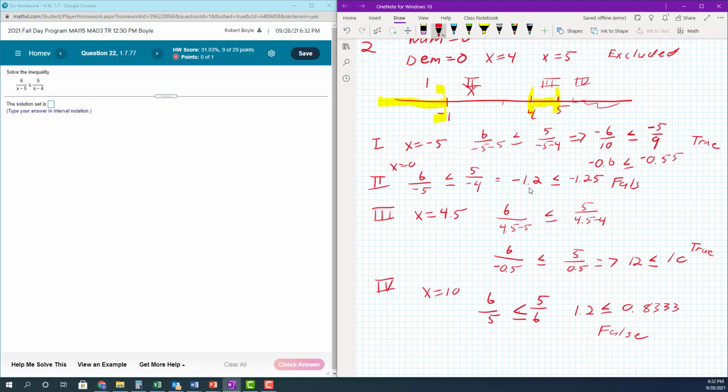So that means that the interval that solves this inequality is going to be the interval from negative infinity to negative 1, including negative 1. So that is going to be negative infinity, comma, -1, bracket, union with the open interval between 4 and 5, because we cannot use 4 and 5 because they make the denominator go to 0.